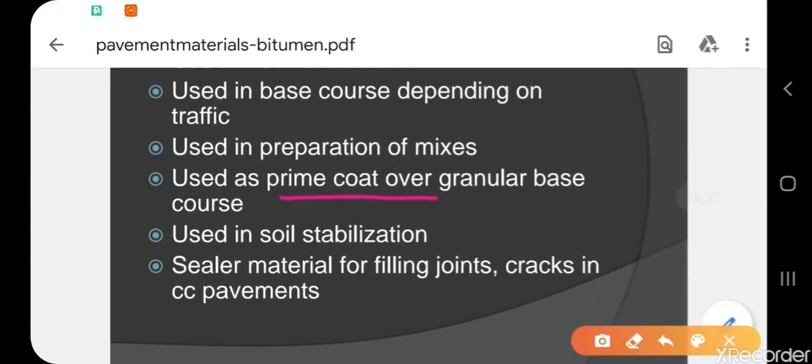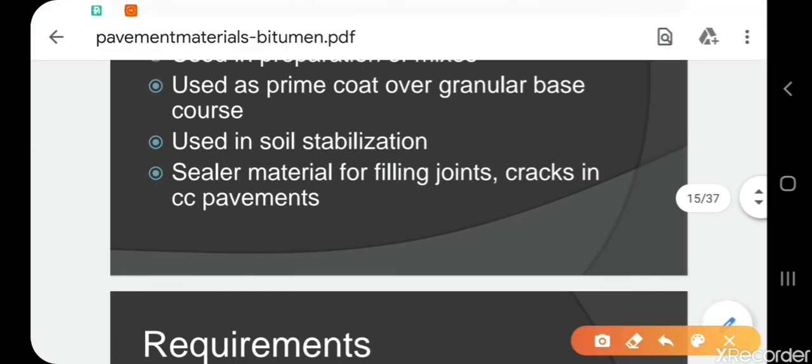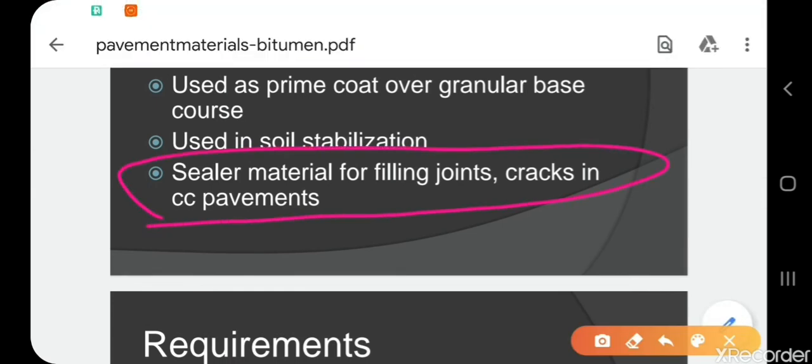It is used as a primer coat over a granular base course, because it gives adhesion between the primer coat and the granular base course, and also in soil stabilization. And the most important thing, it may be a sealer material for filling joints and cracks on CC pavements.